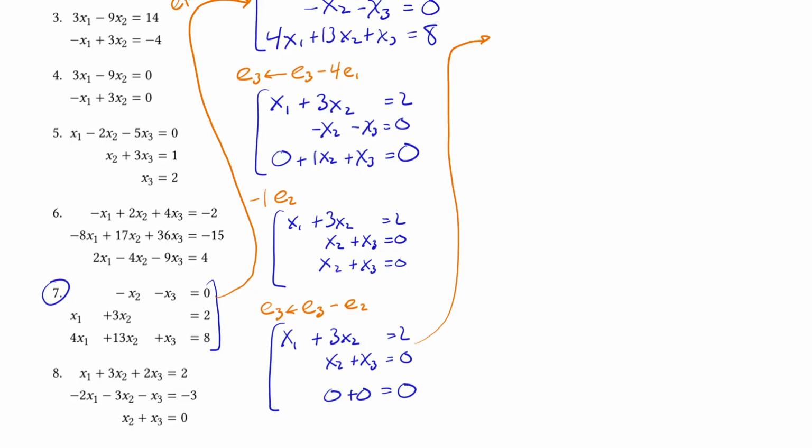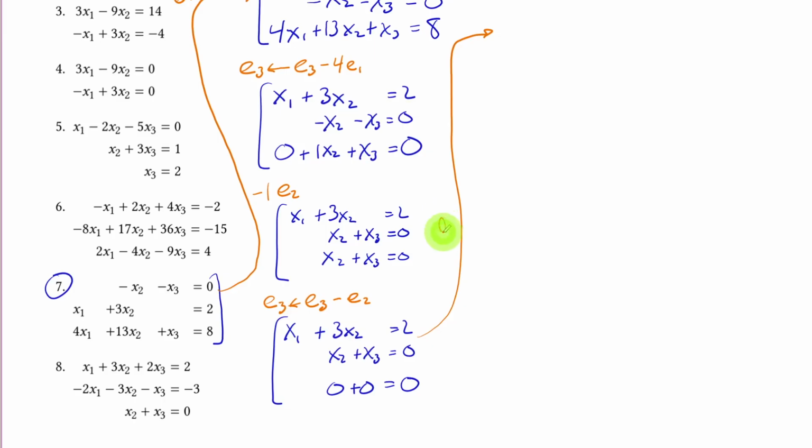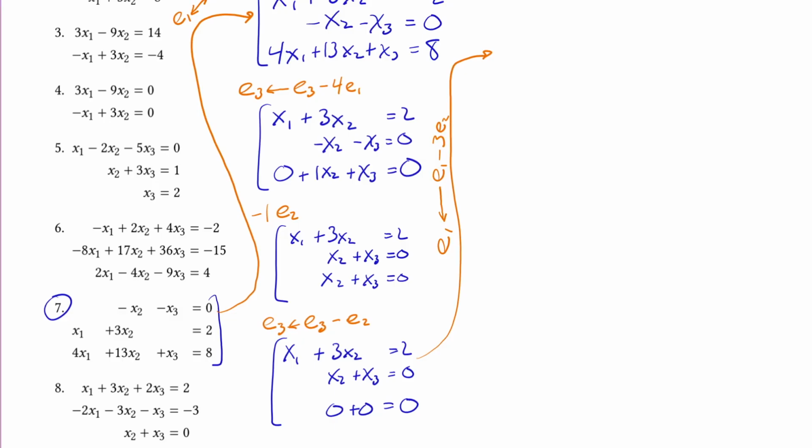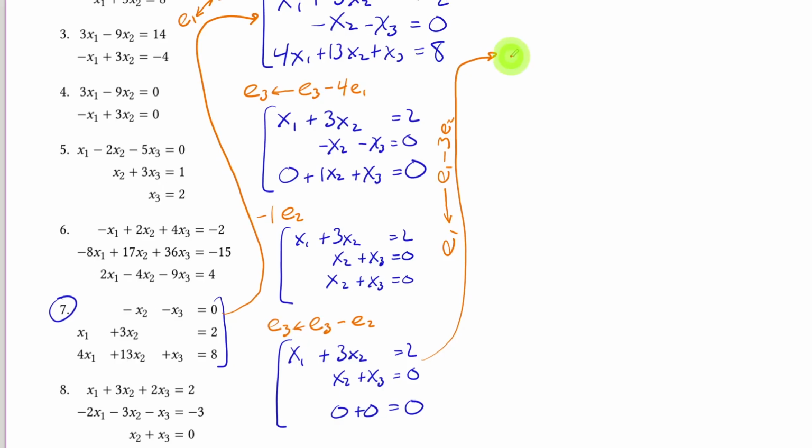So we're going to replace equation 1 with the sum of itself and minus 3 times equation 2. So the new equation 1 is now x1 minus 3 times 0, which is still x1, which is what we want.